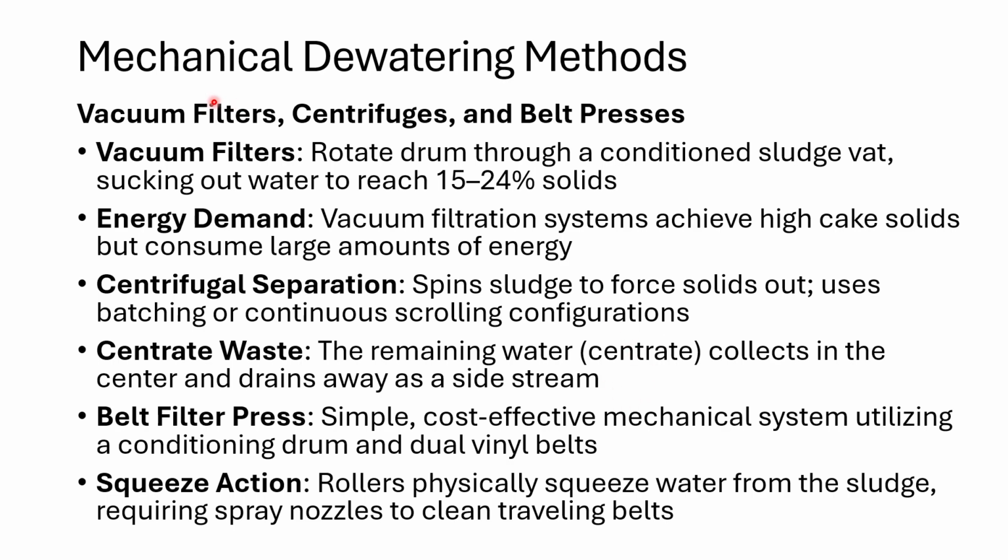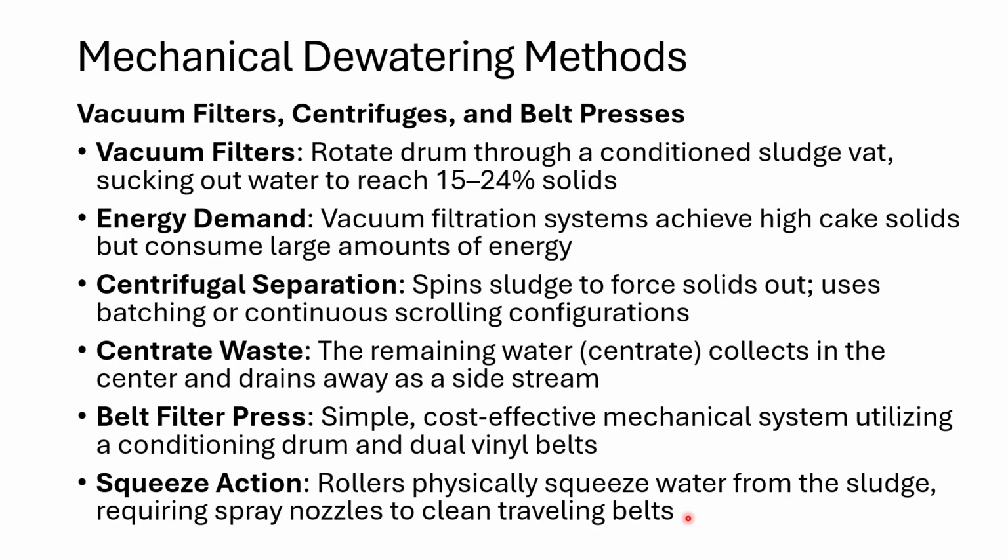So that's the vacuum filter we talked about, the centrifuge, the belt press. The reason this is used around here, it's a low tech method, and a belt filter press. Well, the word press implies you're just going to squeeze or press the water out of that thickened sludge, and that's what you're going to do. It's relatively simple. Here's the plus, it's relatively cost effective.